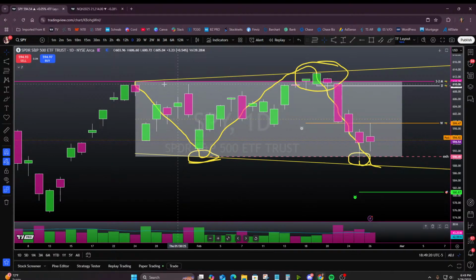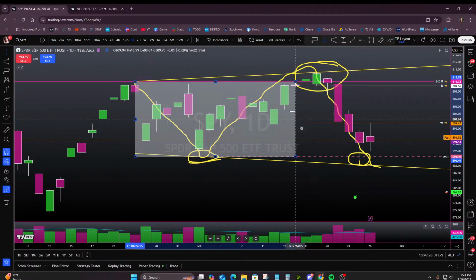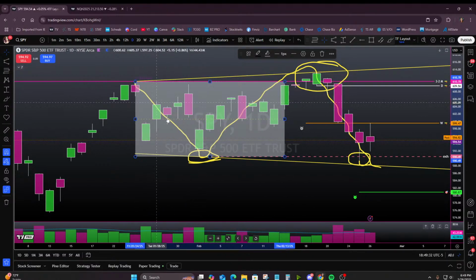This in here didn't count because we did not make a new high. This is what we call stuck. So all of this was stuck inside this range or leg, if you want to call it a leg, but swing high, swing low.